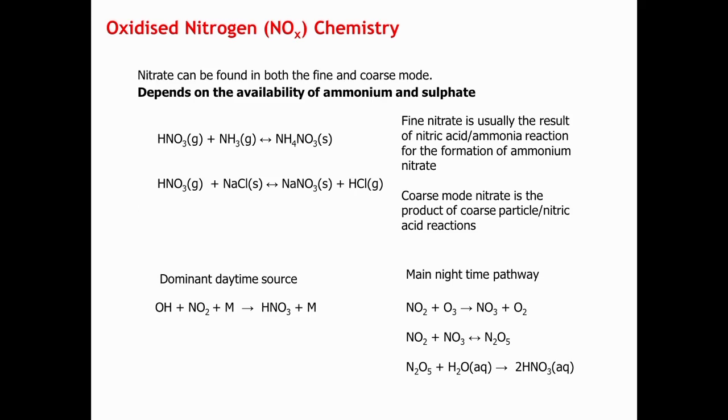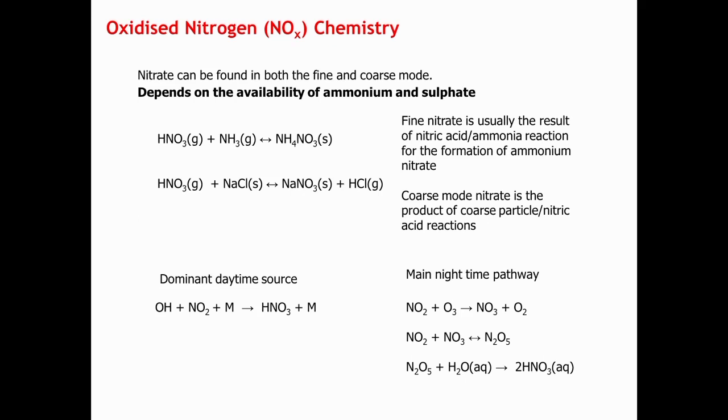So again, nitric acid is formed in a termolecular reaction between the hydroxyl radical and NO2 in the same way as sulfuric acid is formed in a termolecular reaction with OH. So what about night times? Nitric acid.